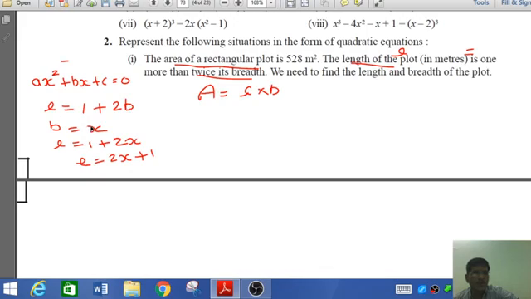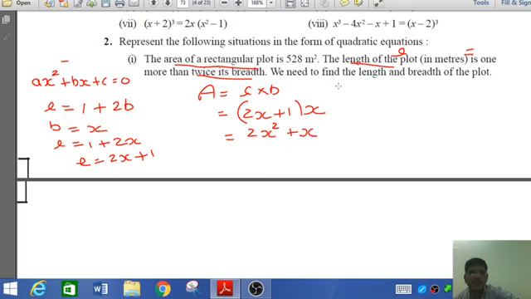We can take breadth as x, the length is equal to 1 plus 2x. Now area is equal to L into B. So length is 2x plus 1 and breadth is x. If I open it, then 2x square plus x.